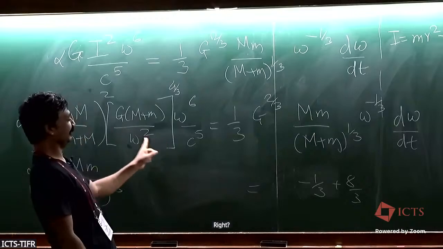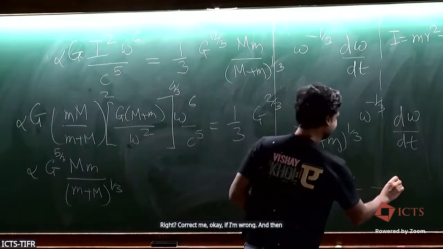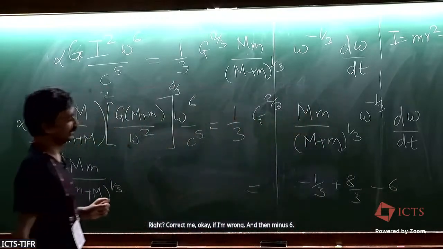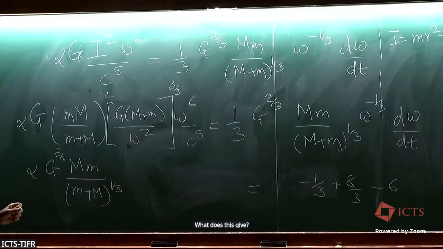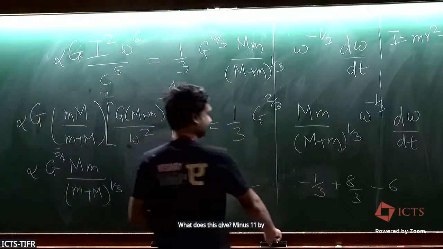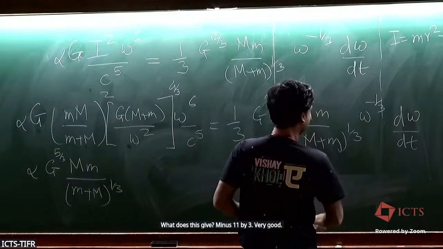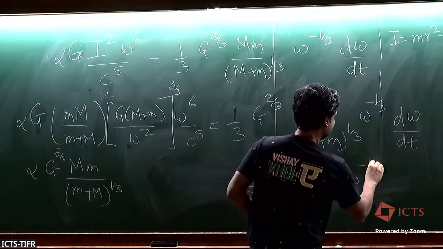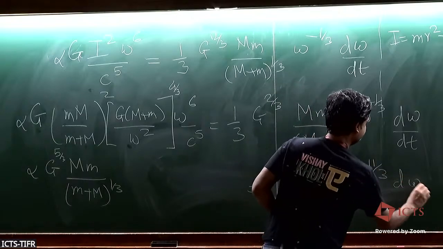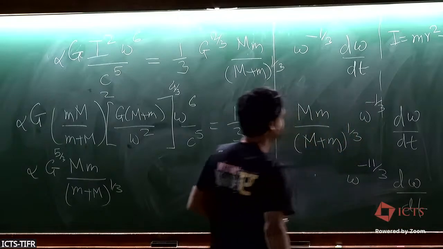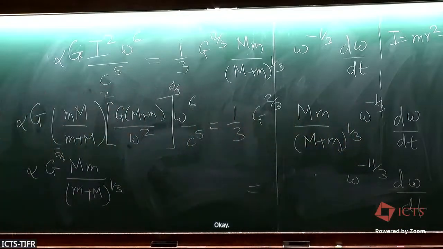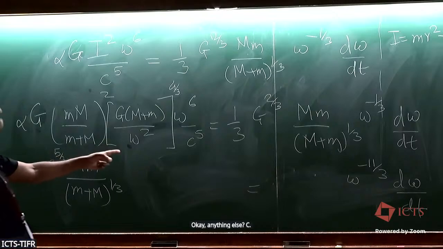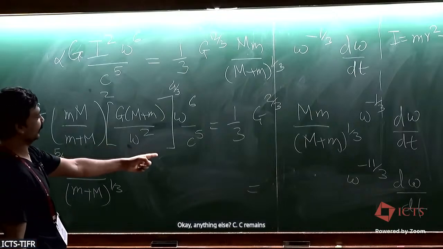Correct me if I'm wrong, okay? And then minus 6. What does this give? Minus 11/3. Very good. Okay, anything else? C remains as c to the fifth, right?